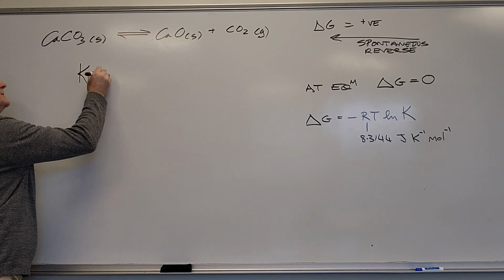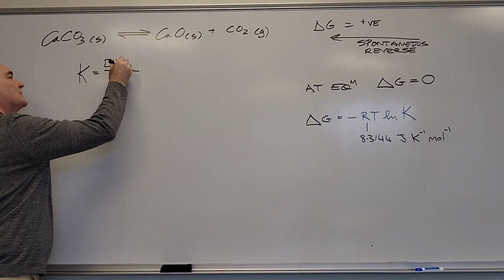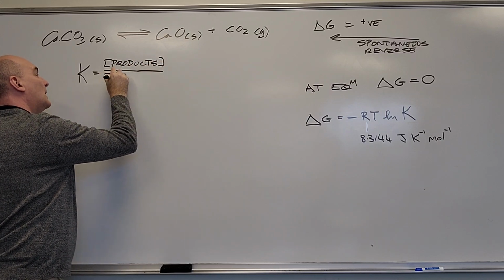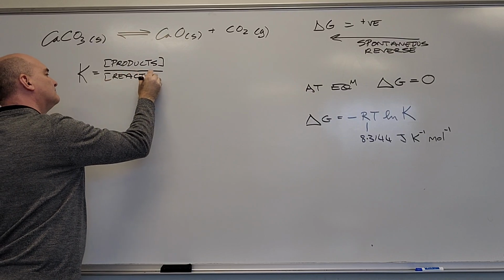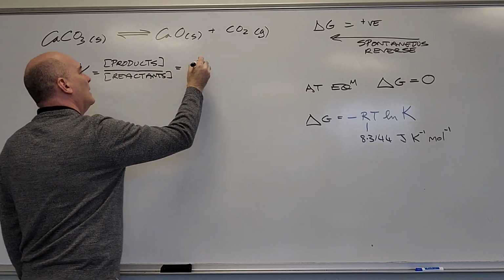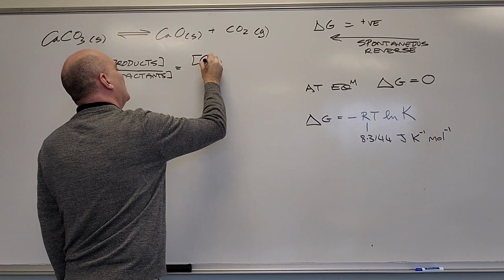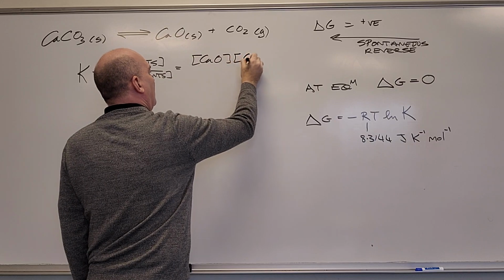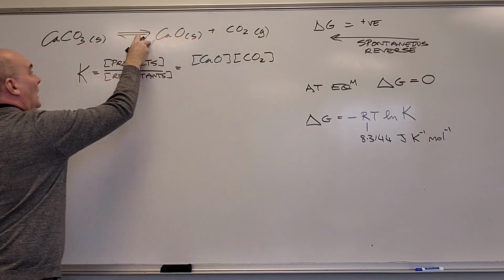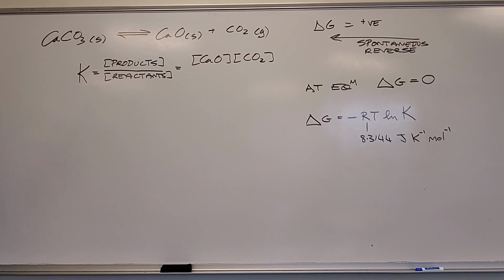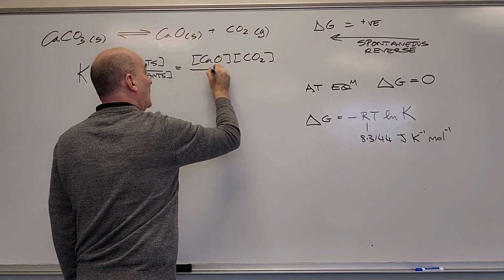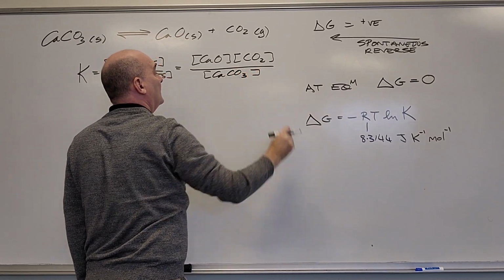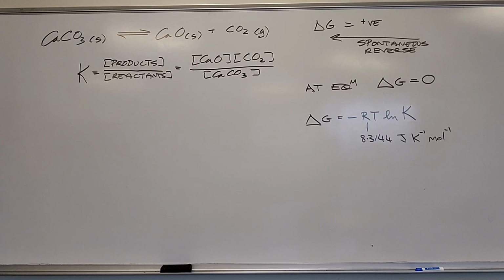So the K is concentration of products divided by concentration of reactants, which goes to be, here's my calcium oxide, there's my carbon dioxide. There are no coefficients here, so nothing has to be raised to any power. And I'm going to divide that by the calcium carbonate.